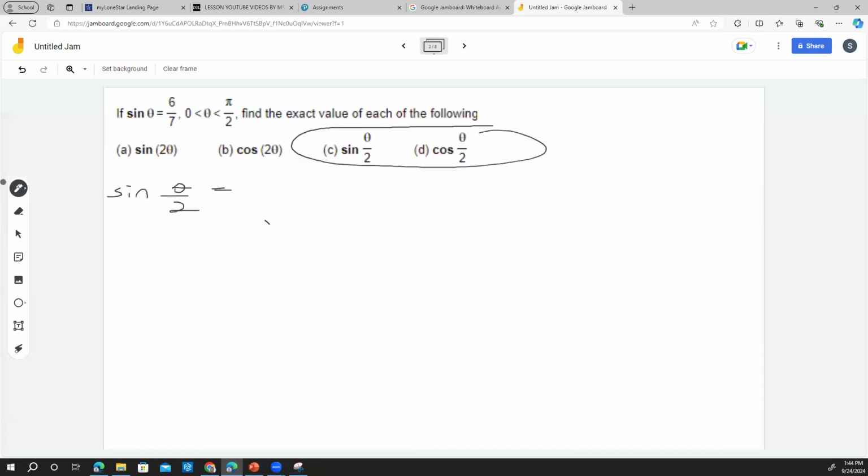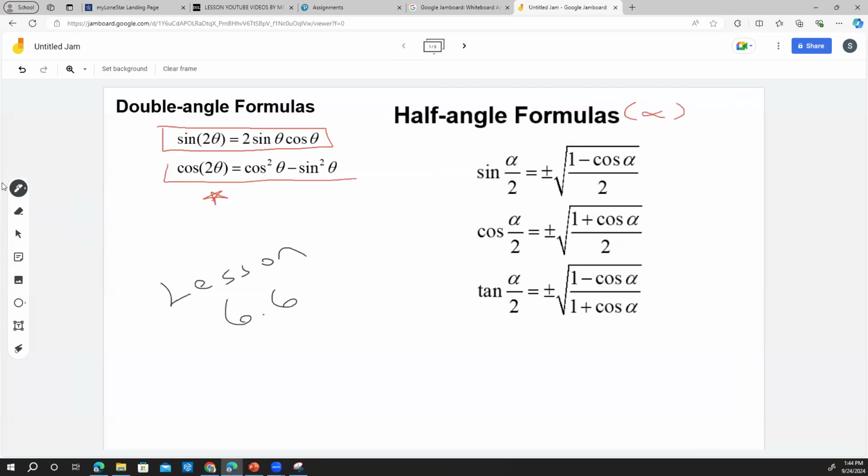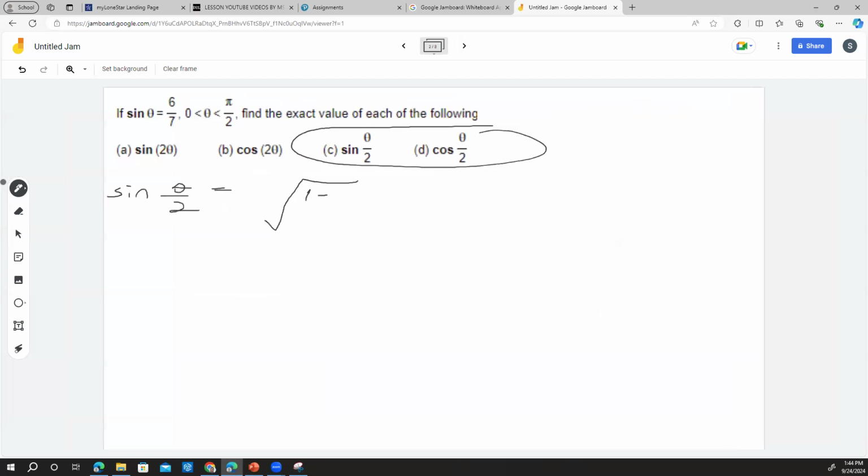I'm just going to grab the radical portion, square root of (1 minus cosine of theta) over 2. This is the formula I need. It equals radical 1 minus, again, we did this in part A and part B using the right triangle approach. We know that cosine of this angle was square root of 13 over 7.